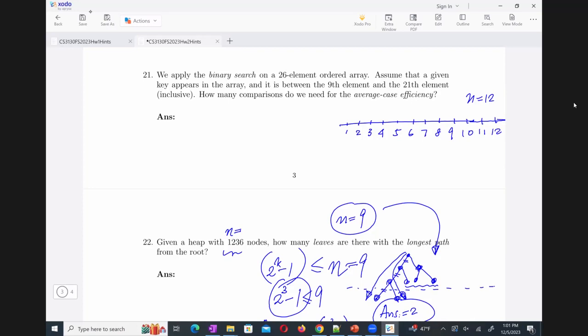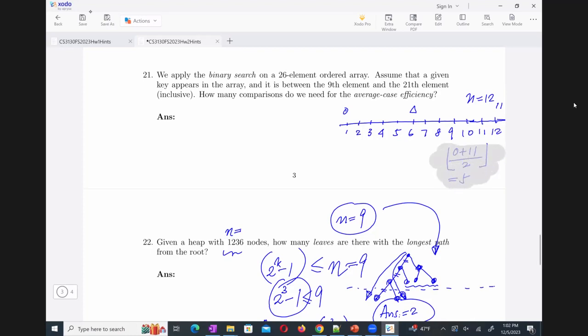For example, the index runs from 0 through 11, so 0 plus 11 over 2, floor function, gives 5, index 5. That's the left median, corresponding to our number 6 here. So floor function gives the left median, and if you use the ceiling function, that's the right median.